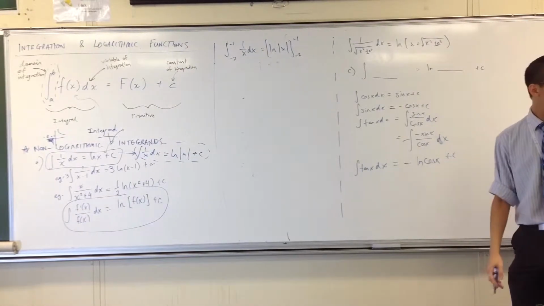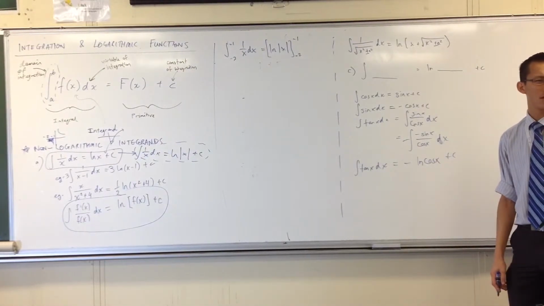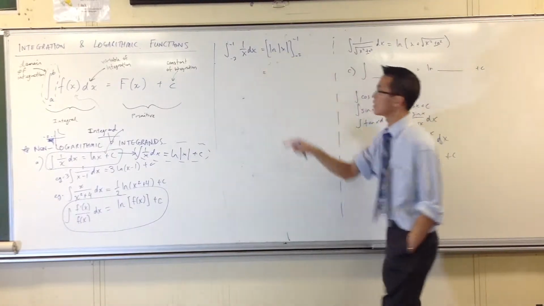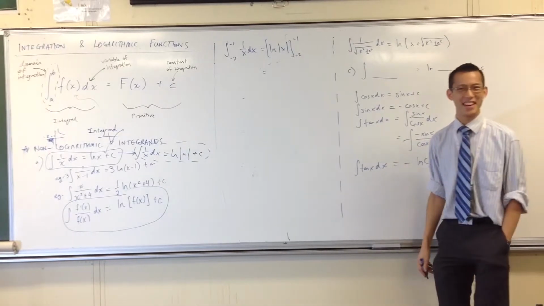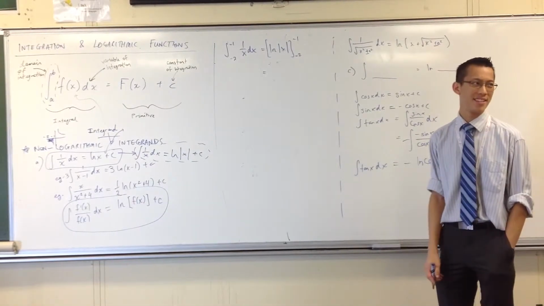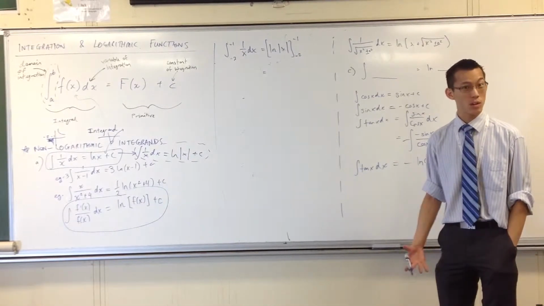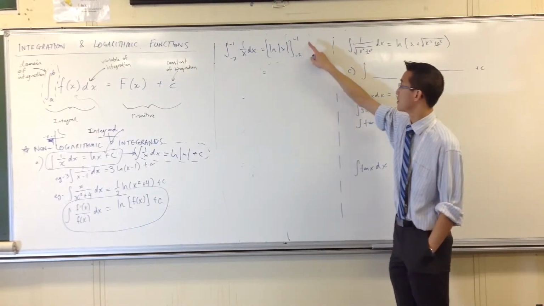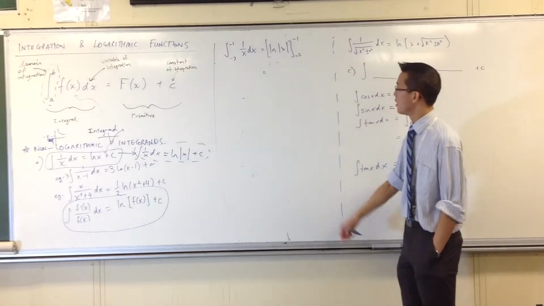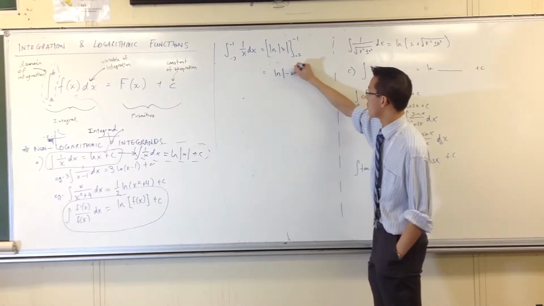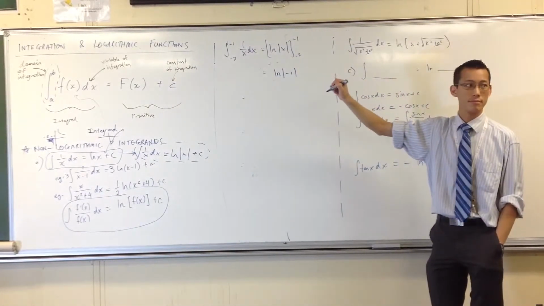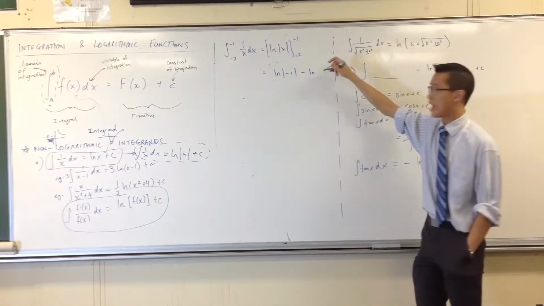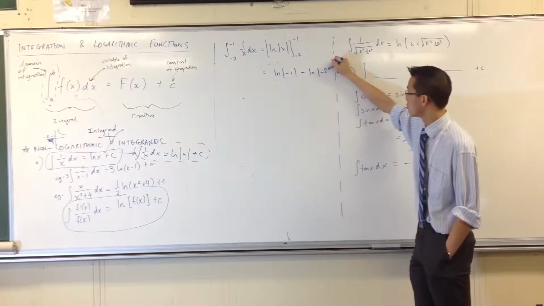Because I'm expecting a negative, aren't I? Let's give it a go, shall we? Upper and lower bounds, careful. Which one's the upper bound? It's -1, because it's higher, even though the value looks bigger for the other one. So I say log of absolute value of -1, minus log of absolute value of -2.